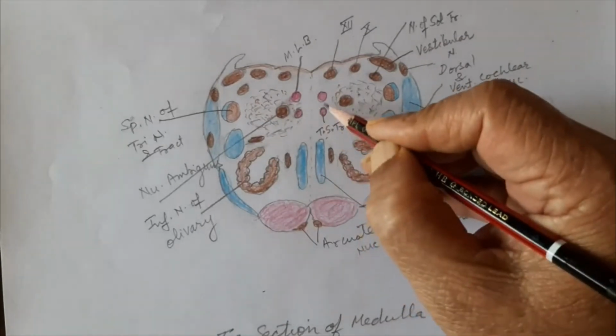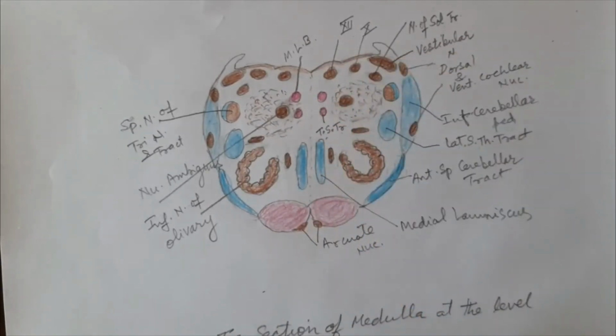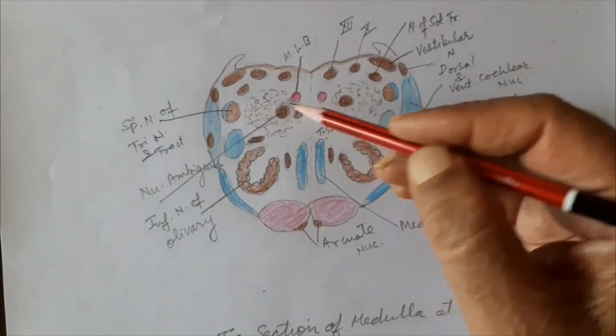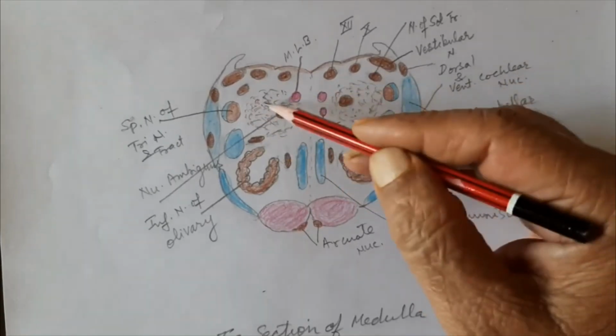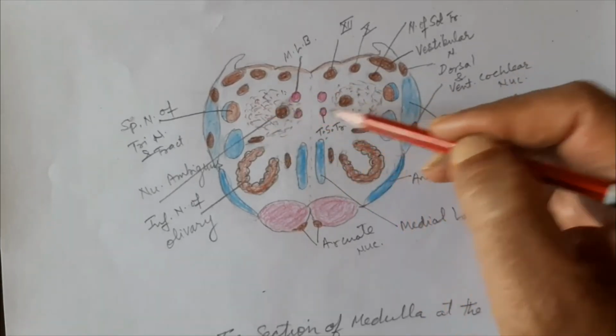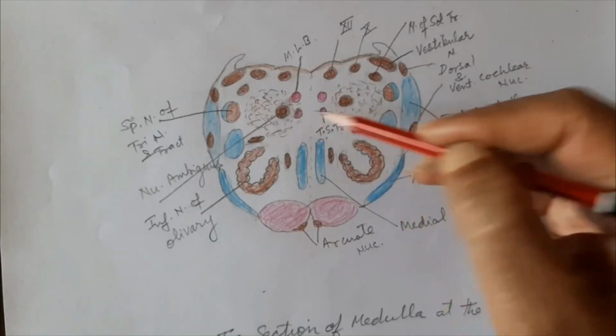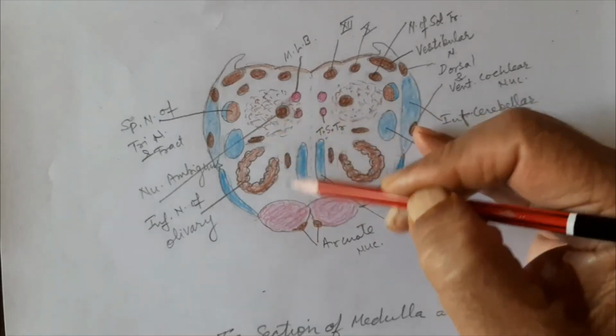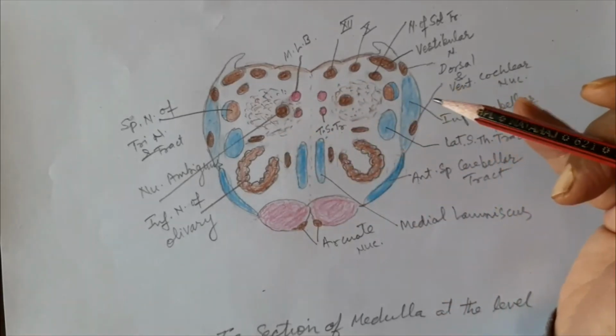So the tectospinal tract, and then posterior to it is the medial longitudinal bundle. Then the reticular formation is in the same position, in which the nucleus ambiguus is embedded. This is the reticular formation, which I said will extend throughout the brain stem.